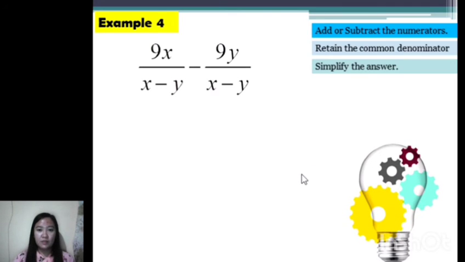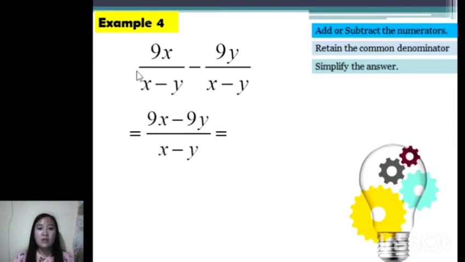Fourth example, 9x over x minus y minus 9y over x minus y. Add or subtract the numerators and then retain the common denominator. So that will become 9x minus 9y over x minus y. Simplifying your answer, 9x minus 9y.